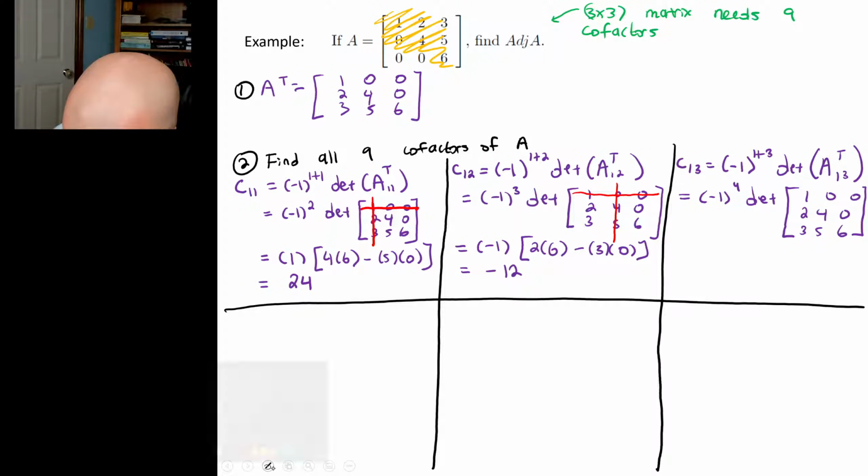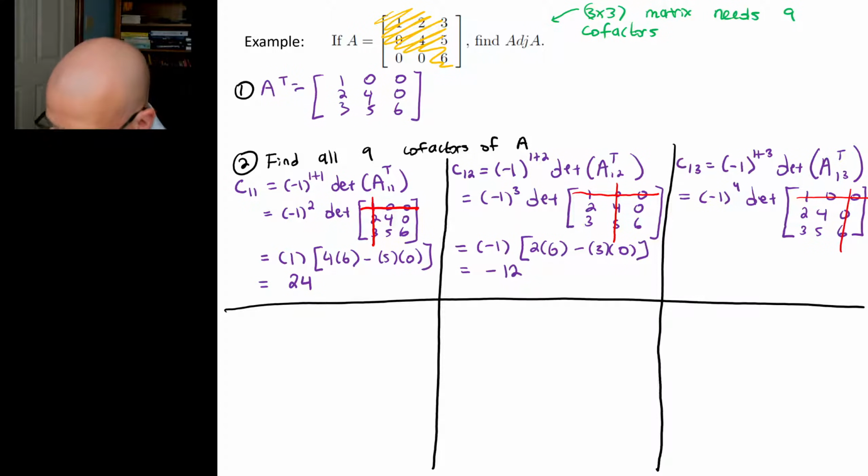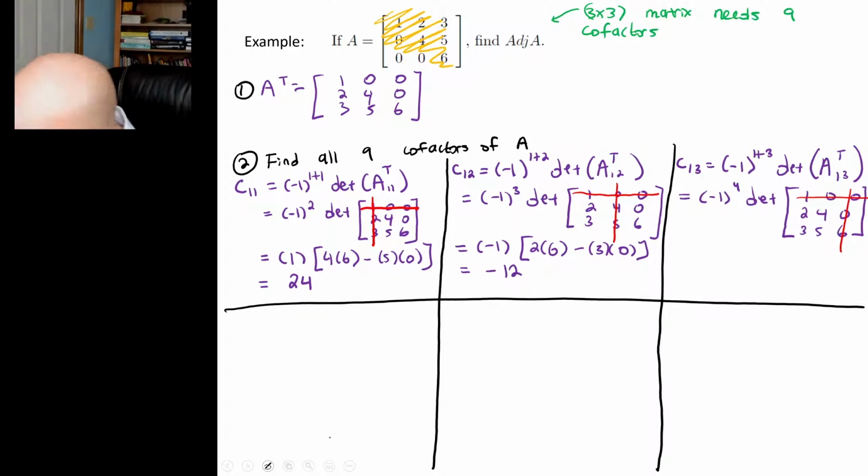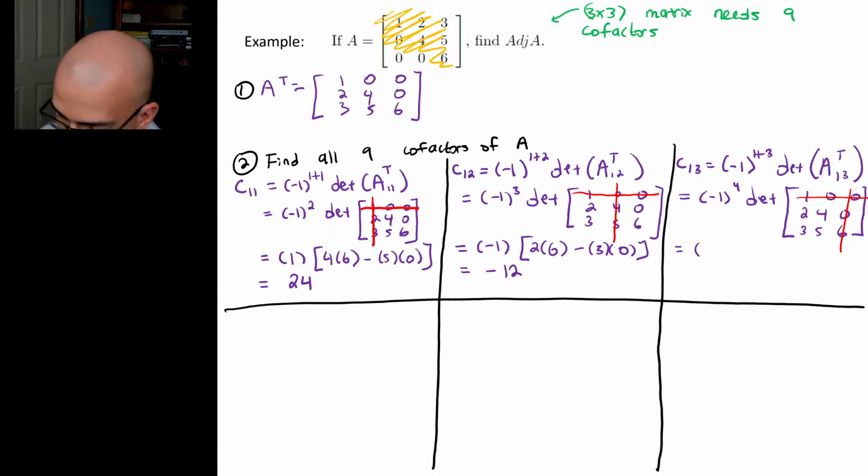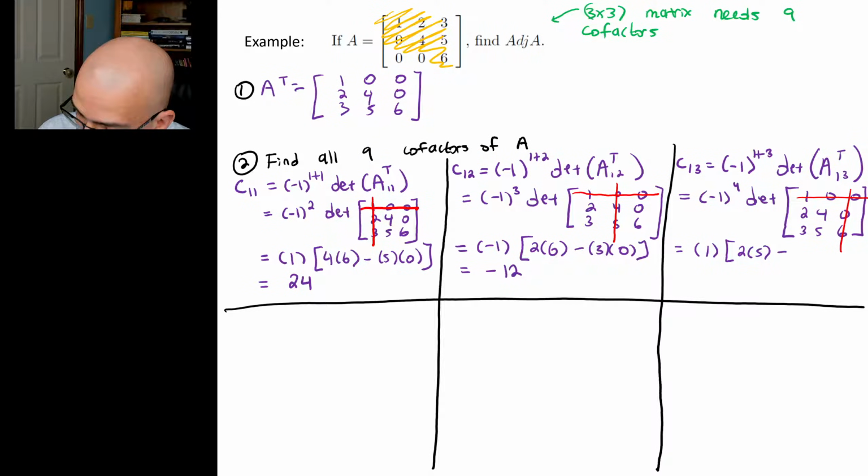Okay, and this time we're eliminating row 1, column 3. And we'll have +1 times the determinant of that 2 by 2. So 2 times 5 minus 3 times 4. We'll have 10 minus 12, -2.